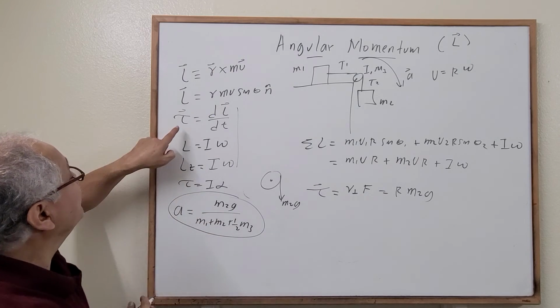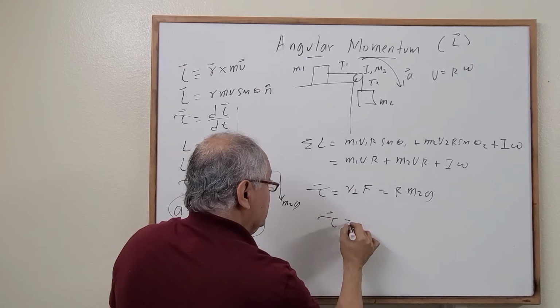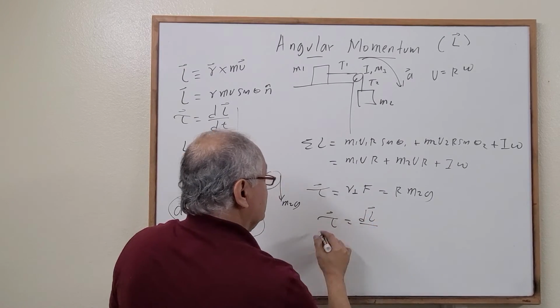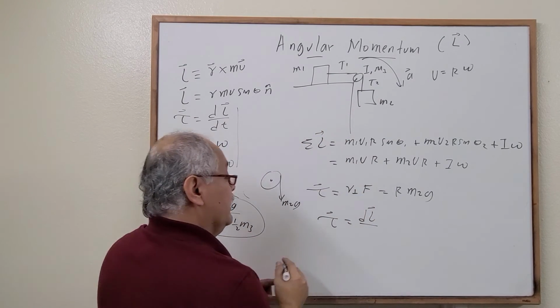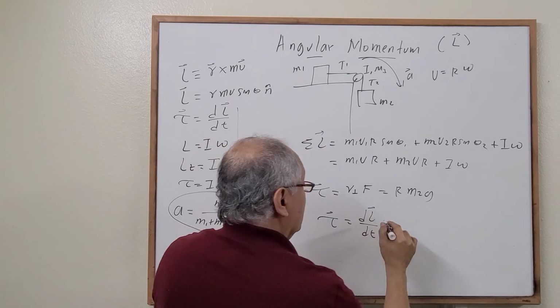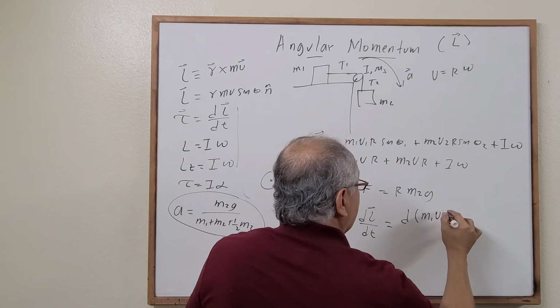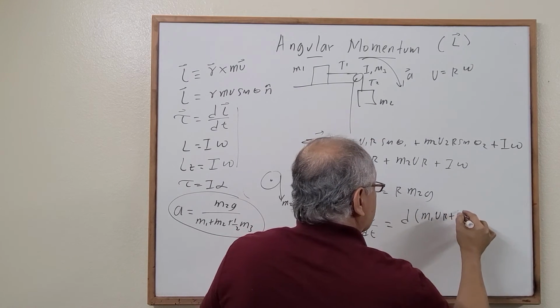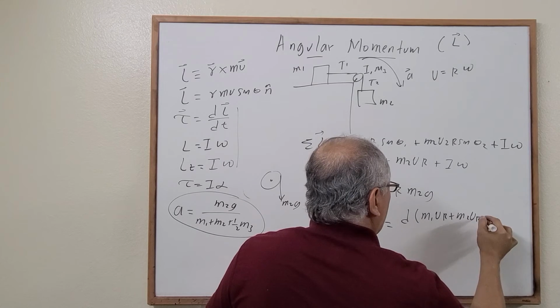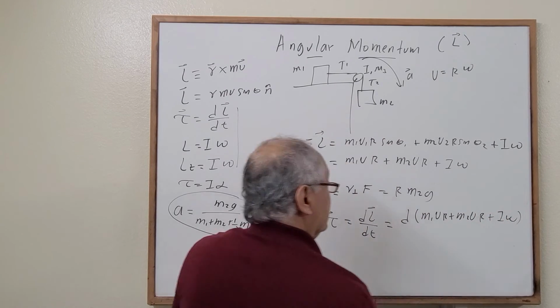Also, we can apply this definition for torque: tau is equal to the derivative of angular momentum with respect to time. So this is equal to the derivative of m1 v r plus m2 v r plus moment of inertia times omega.